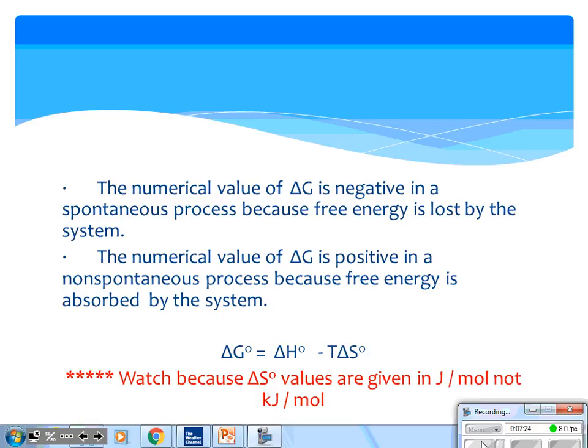But is it exergonic or endergonic? Exergonic. So you might want to put that in parentheses, that if delta G is negative, it's spontaneous, but it's also exergonic. If delta G is positive, it is non-spontaneous, but it is also endergonic.